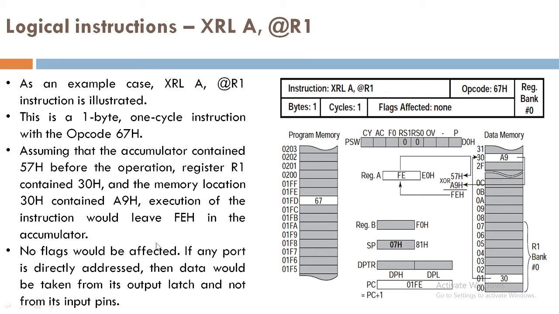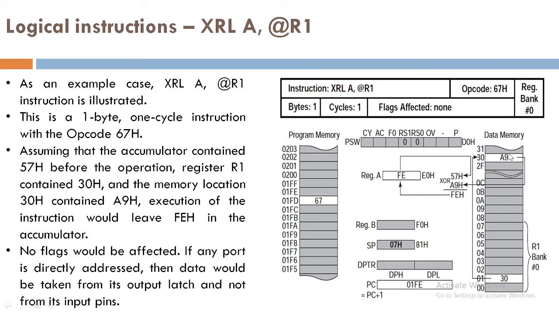So what is happening is, in this particular instruction, the source comes from register indirect addressing. That means @R1 is basically register R1 of bank 0 registers, and there we have the value 30, which actually means the address of the actual content, and the actual content is A9.